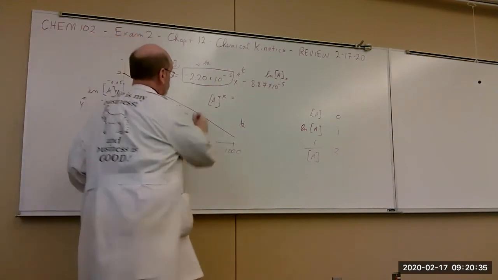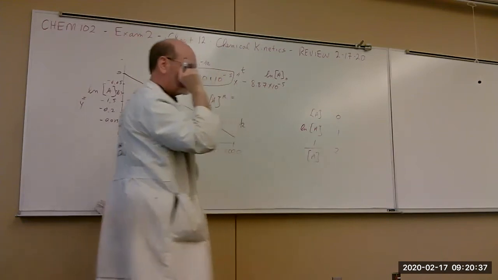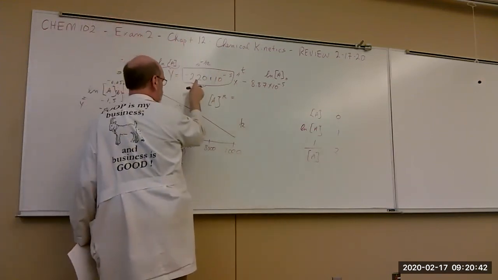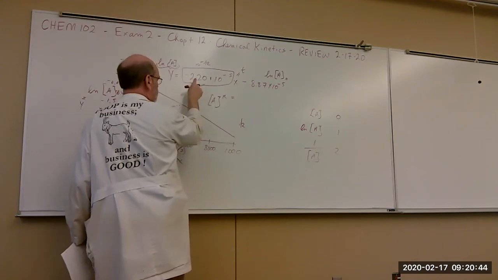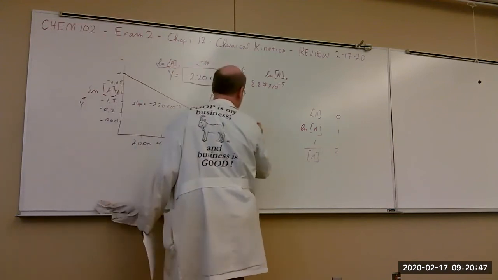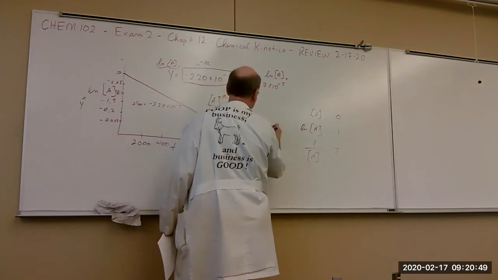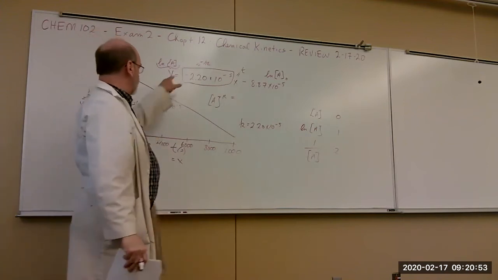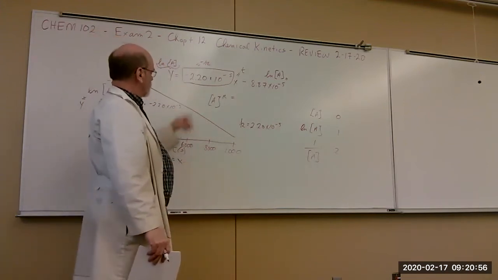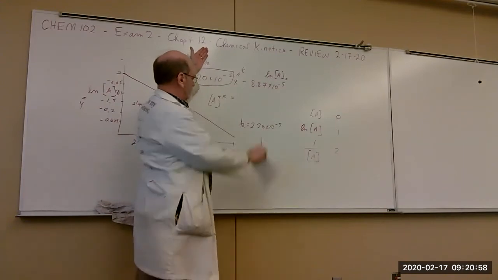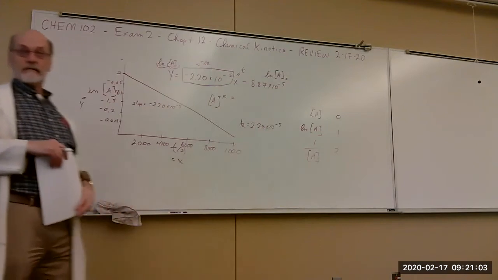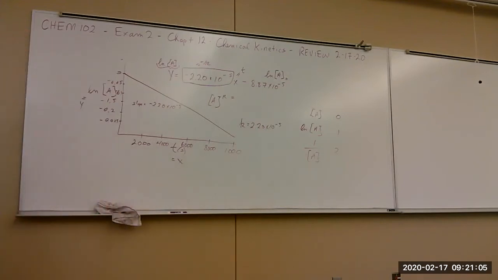Now, actually, that's negative K. That's the tricky part. If this is negative K, then what's K? K is actually 2.20 times 10 to the minus 5, without the sign, because the sign just tells you that it's going this way, but K is the positive value. You see that? This is an exercise in interpreting graphs.